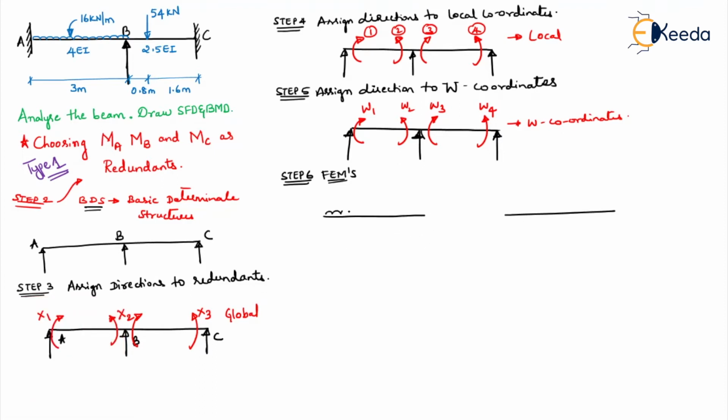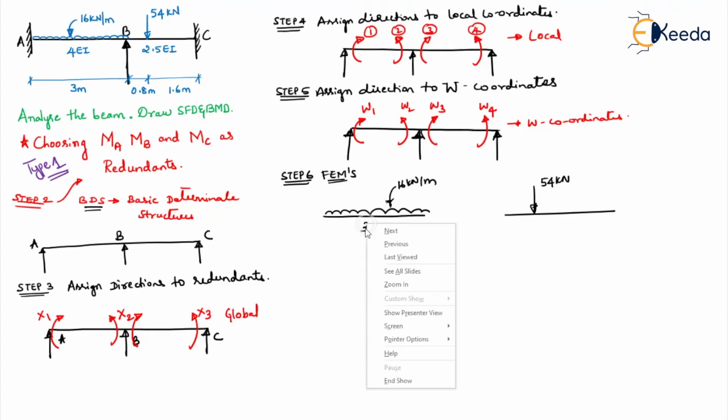So here what we have is a UDL of 16 kilonewton per meter, and here we have an eccentric point load of 54 kilonewton. This is 3 meters, this is 0.8 meters and 1.6 meters.